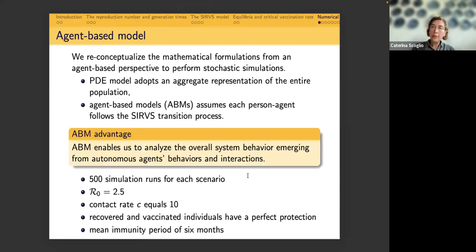In order to check this model, we used an agent-based model, which gives us stochastic results from the behavior of agents. We used 500 simulations for each scenario. We put R naught equal to 2.5 and kept this value constant throughout all the simulations.